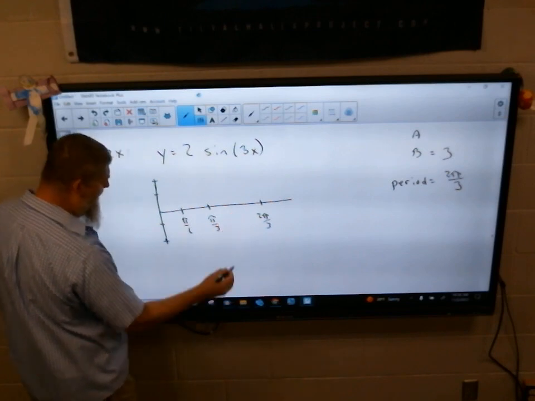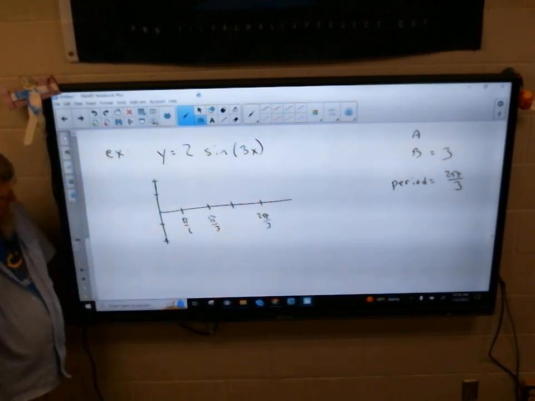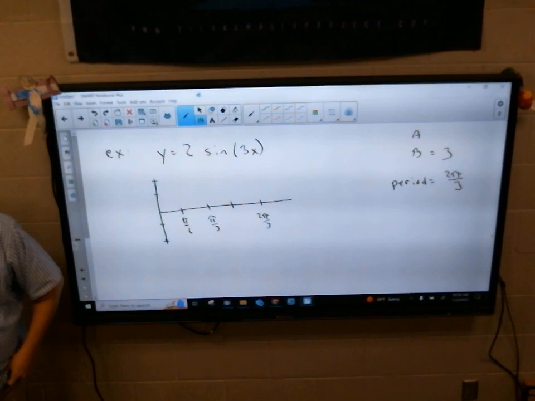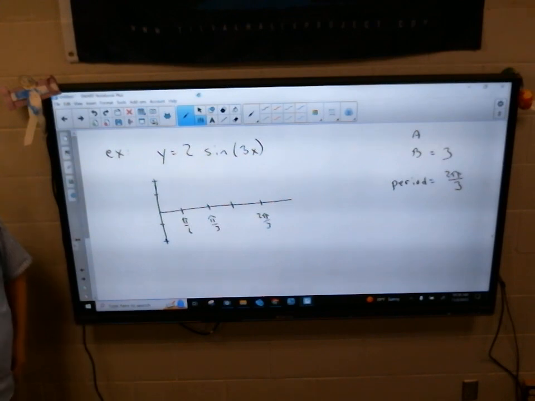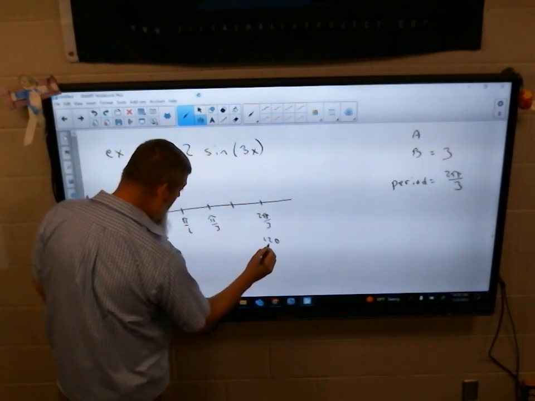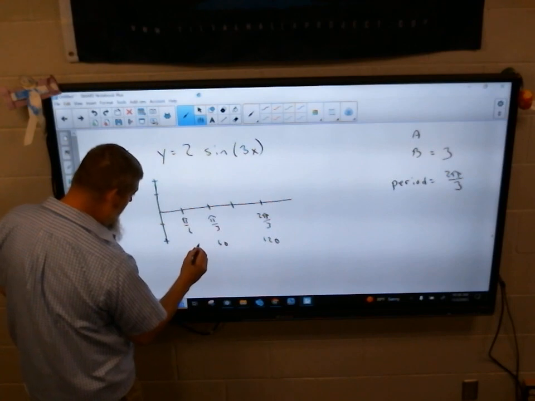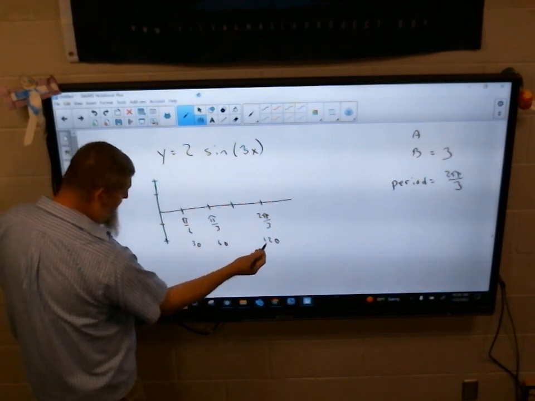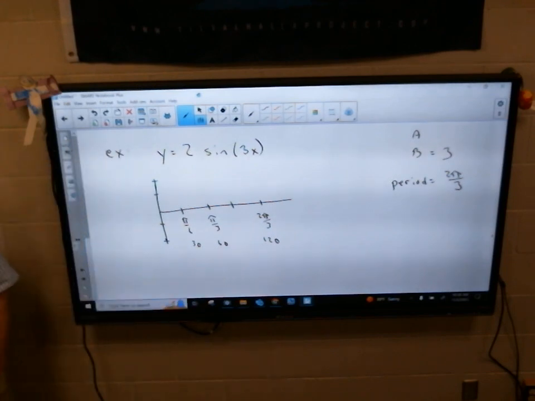And what's going to be right here? This just got way more complicated. We're dealing with fractions. If you like to put it in degrees to help you out a bit, we know this is going to be 120. We know this is going to be 60. This is going to be 30 because it's half. What's going to be in there? So, 90.